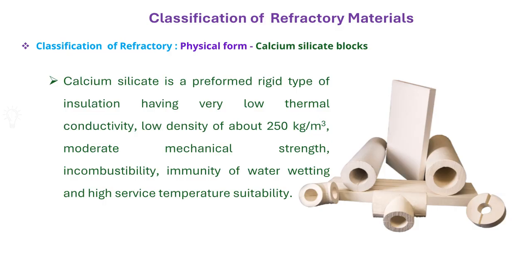This makes it ideal for use as furnace backing insulation. When you combine all these properties, low thermal conductivity, lightweight, strength, non-flammability, water resistance, and high-temperature capability, it's easy to see why calcium silicate is the material of choice for backup insulation in most furnace applications.